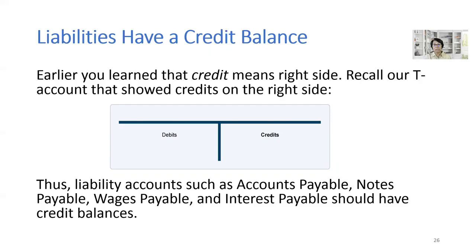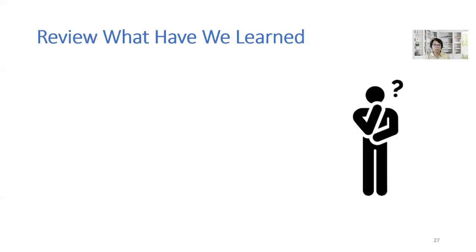If you see payable, it always means it's a liability because you owe it. You have to pay it. So if I say, what kind of account is mortgage payable? Then you would say, oh, payable, that means it's a liability. And they have a credit balance because they're on the right side of the equation.